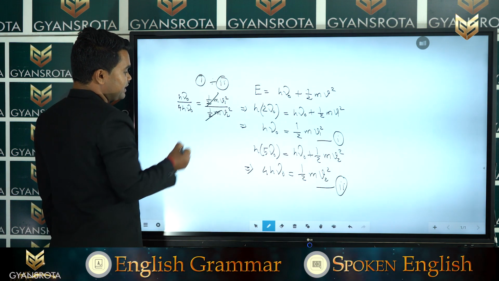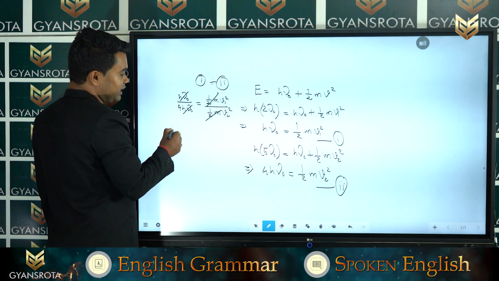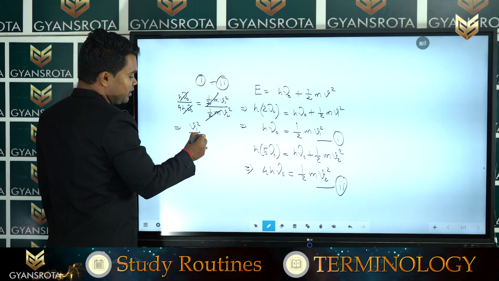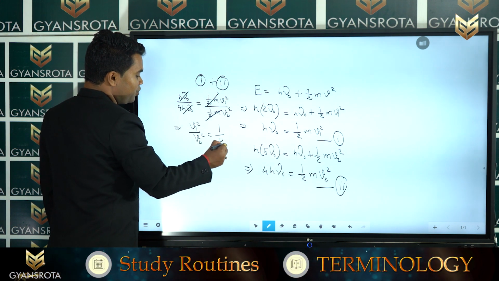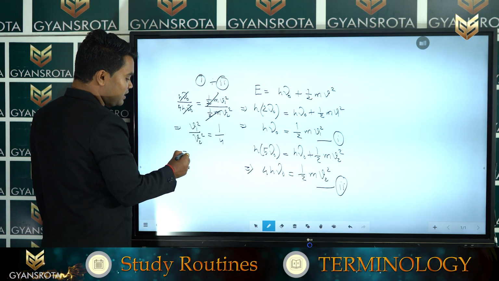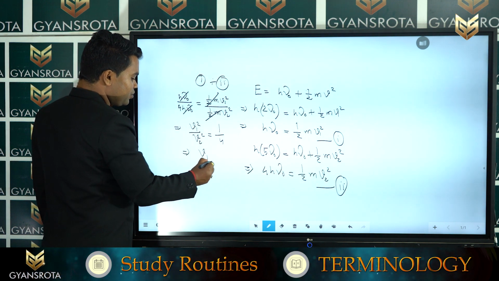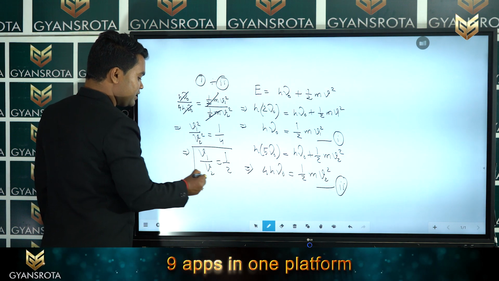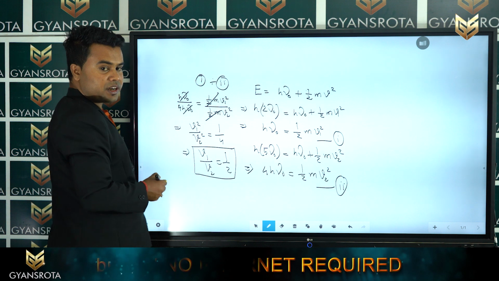Half m gets cancelled, h mu naught gets cancelled. v1 square by v2 square will be equal to 1 by 4. If I take the square root, v1 by v2 will be 1 by 2. So the answer is 1 by 2, that is 1:2.